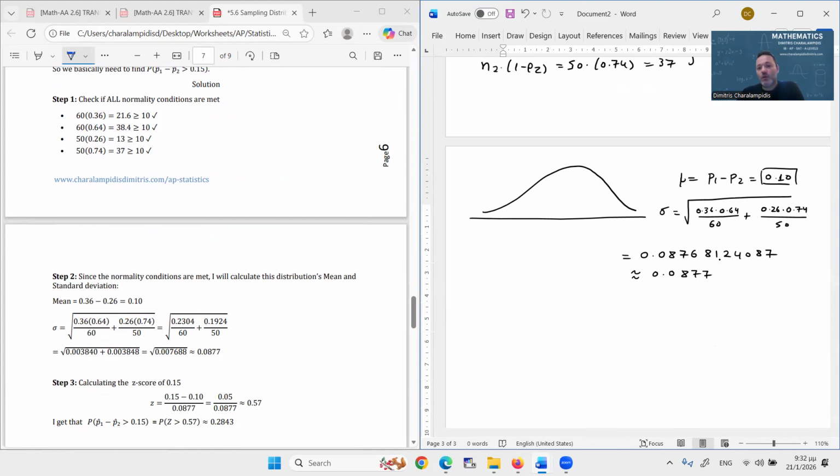So we know that this is 0.10 and it has a standard deviation of 0.0877. Now, I need to find the probability that this difference is greater than 0.15.